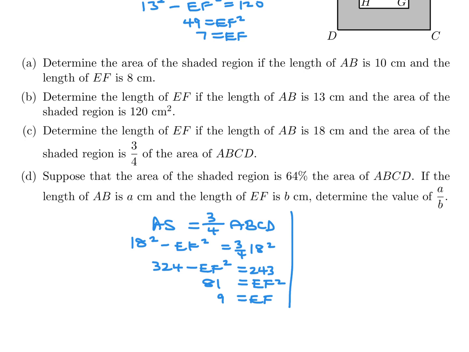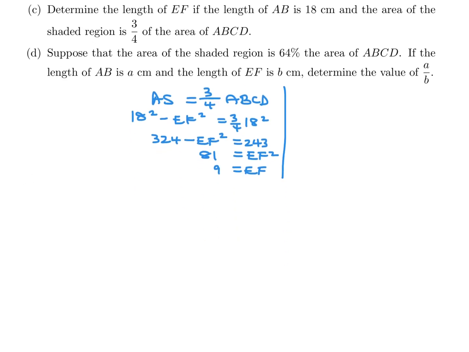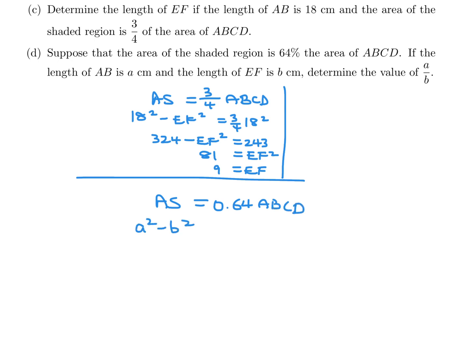Suppose that the area of the shaded region is 64% of the area of ABCD if the length AB is A and the length of EF is B. Determine the value of A over B. So this time it would be the area of the shaded region is 0.64 ABCD, and then that is going to be A squared minus B squared. Very similar to before, and this is 0.64 times A squared.